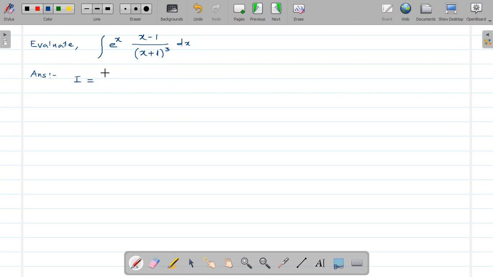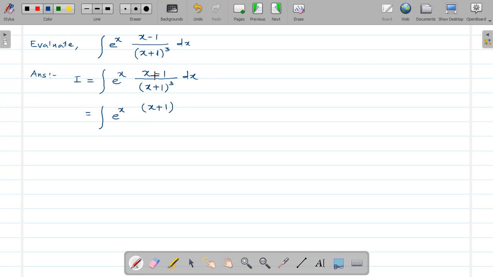So first of all I will write the given integration, that is e raised to x into x minus 1 upon x plus 1 bracket cube. Now try to express the numerator in terms of the denominator. Here it is x plus 1 cube. So I will express x minus 1 as, first of all I write x plus 1.